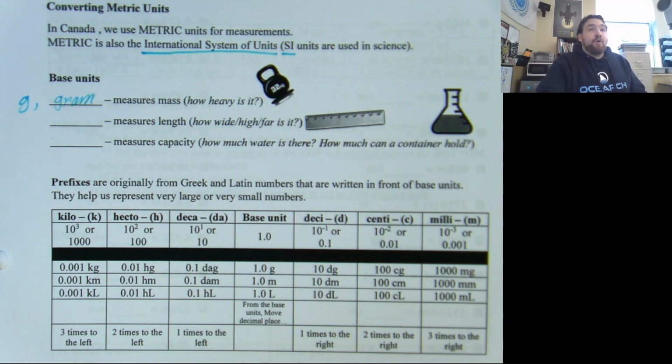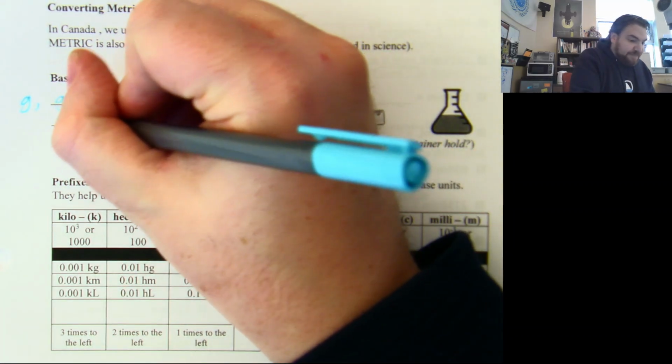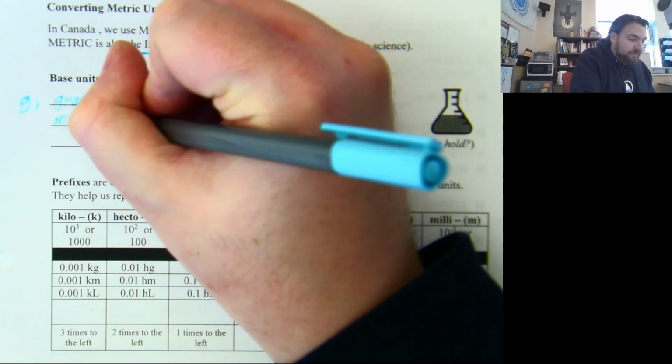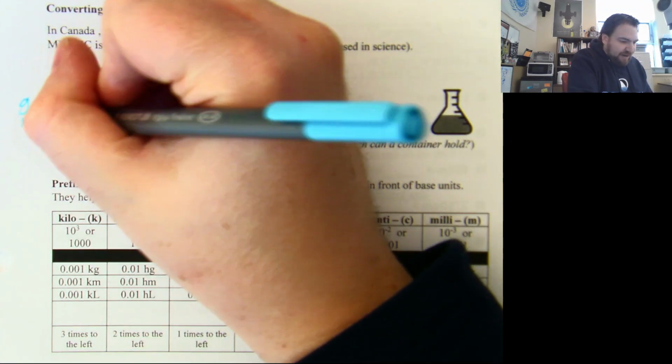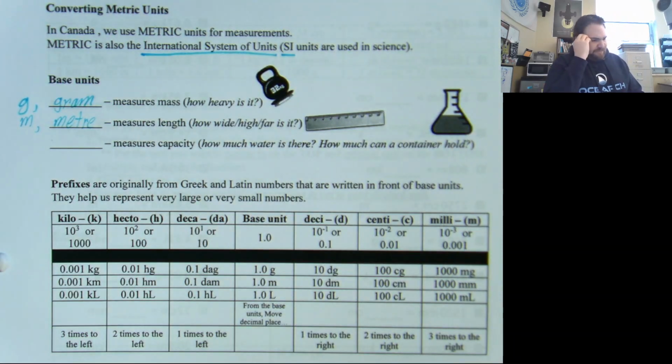The base unit for length is the meter. And meter is spelled M-E-T-R-E, not E-R. Meter with an E-R is like a parking meter. Meter with an R-E is the meter I'm going to use to measure something. And we use the lowercase letter m for the meter.